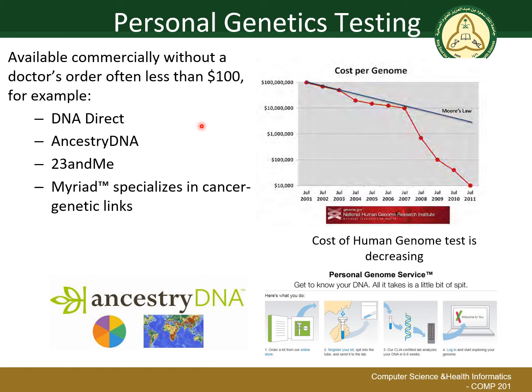So with the drop of the cost, many patients and individuals want to know their own genetic profile, even if the consequences are uncertain. Here we have examples of personal genetics companies, which are direct to the consumer genomics.